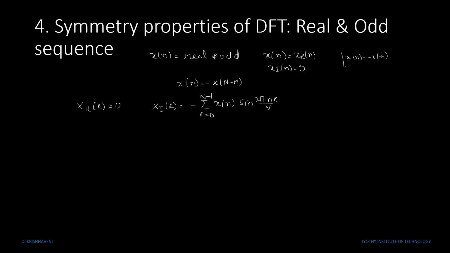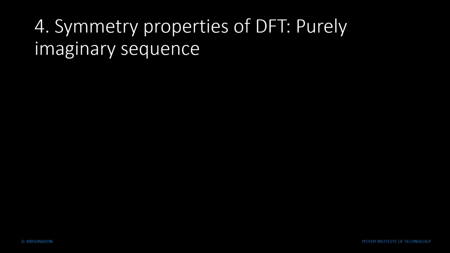Next, when the signal is a purely imaginary sequence, that means x of n is equal to xi of n, and xr of n is 0. Then in such a case, we have the formula from equation 1 and 2.